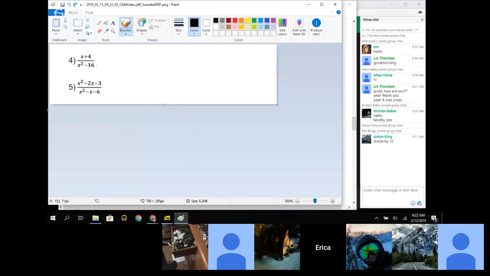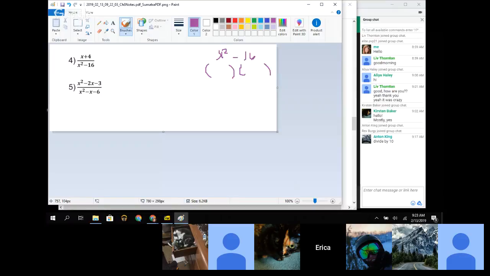Okay? So what can I do when I have an x squared? What technique did you learn back in Algebra 1, and we reviewed in Algebra 2? When you have a quadratic equation, and this is a special kind of quadratic equation, what technique can you use to simplify it? Could we possibly factor x squared minus 16 and make it something times something?